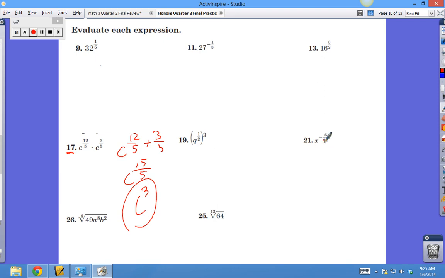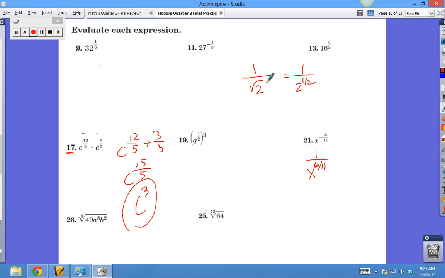Can never have a negative exponent. So I'm going to take it to the bottom. 1 over x to the 6/11. And just like it is unacceptable to leave irrational numbers in the denominator, you cannot leave this. That's really an irrational number, because this is the exact same thing as 1 over 2 to the 1/2.